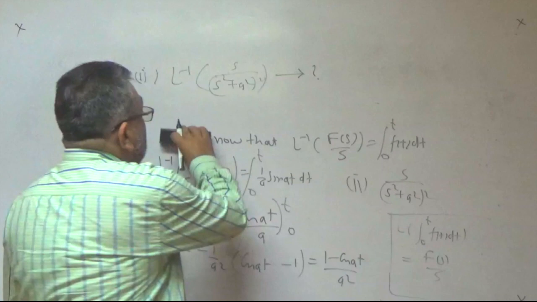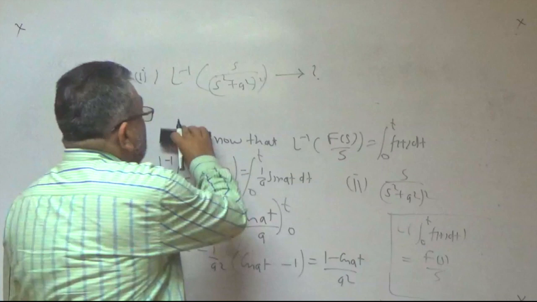And you know that cos(minus theta) is cos theta, so cos(at) cancels out, and finally we get 1 upon 2a sin(at), that is your required inverse Laplace transform, right? Same answer as when I solved this question by the previous method, by formula. So a similar result I can obtain by using the convolution theorem, right?